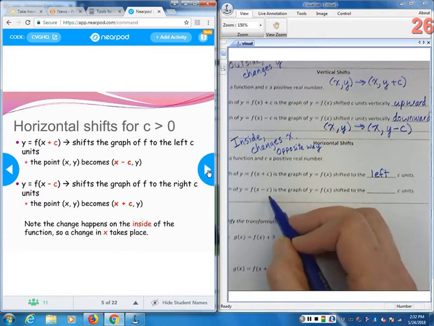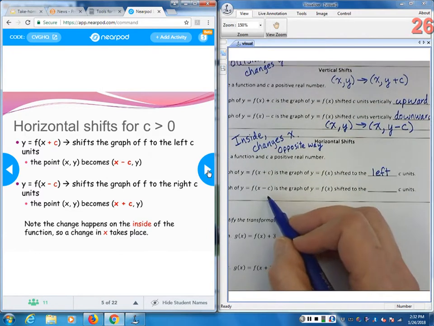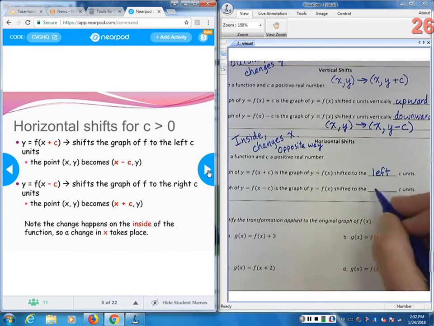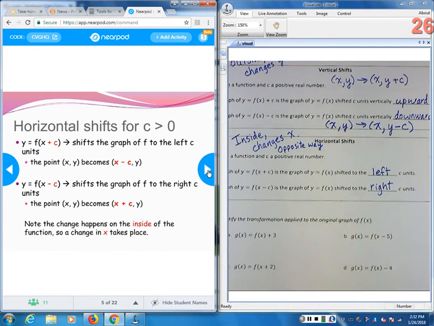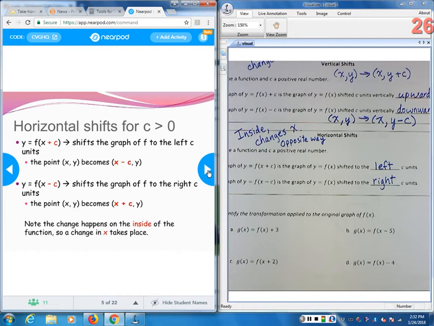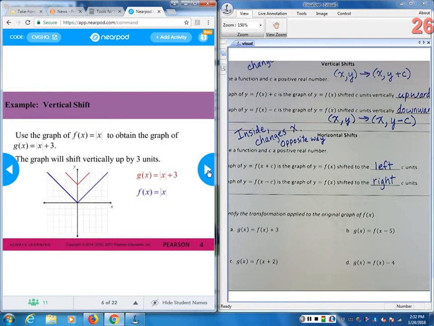And when we're subtracting c on the inside, that's the graph of y equals f of x shifted right c units. And there's an example.